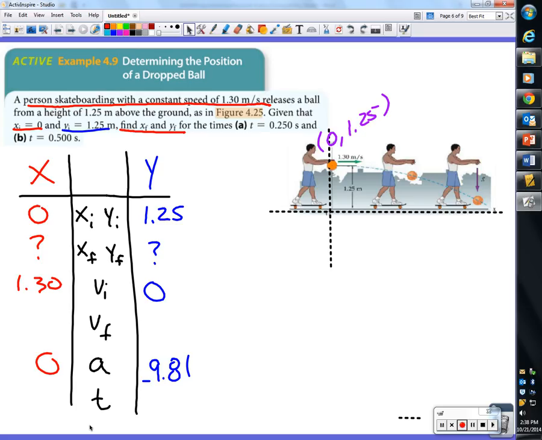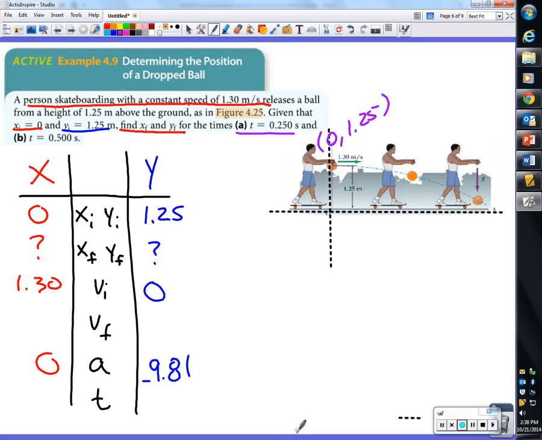But it will continue to move horizontally because there's nothing to stop that horizontal motion. And as a result, it will take this curved path to that point right there, if we assume that to be 0.250 seconds after it's dropped.